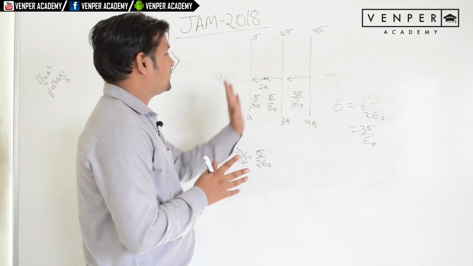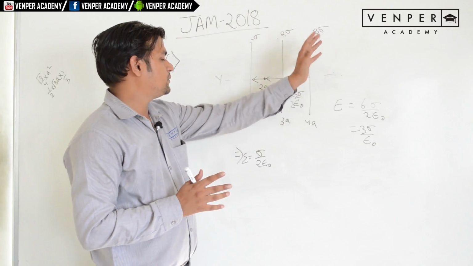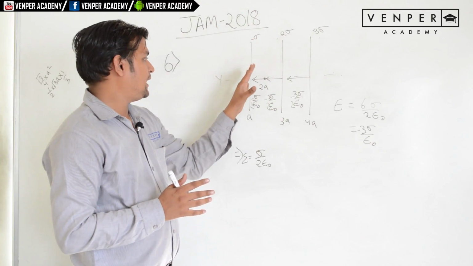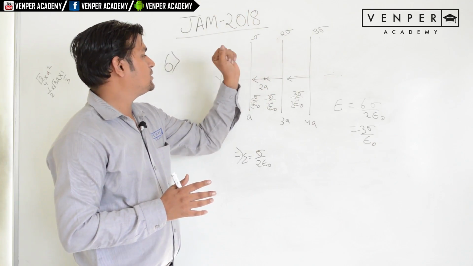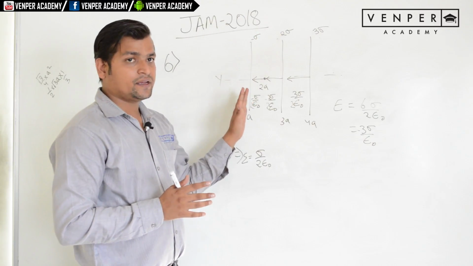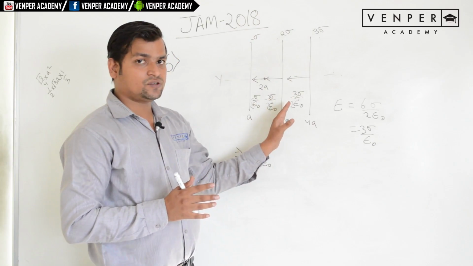Okay, see, in this question there are three infinitely large plates placed parallel to the xz plane. The first has charge density minus sigma and is placed at y equal to a. The second has charge density 2 sigma at y equal to 3a.